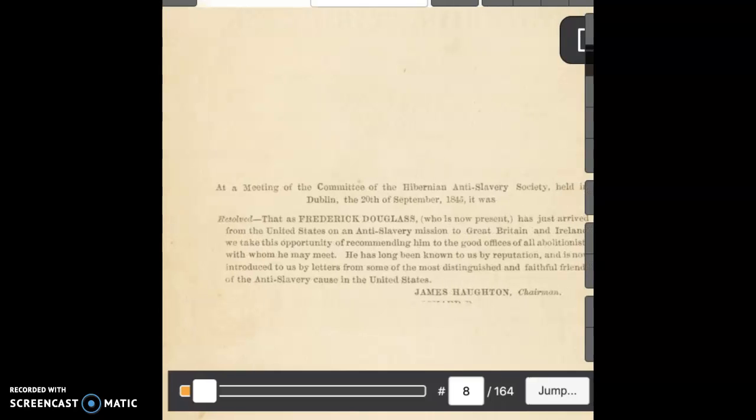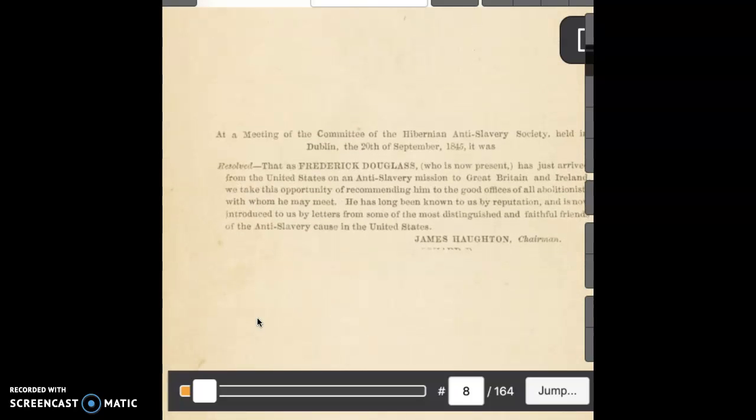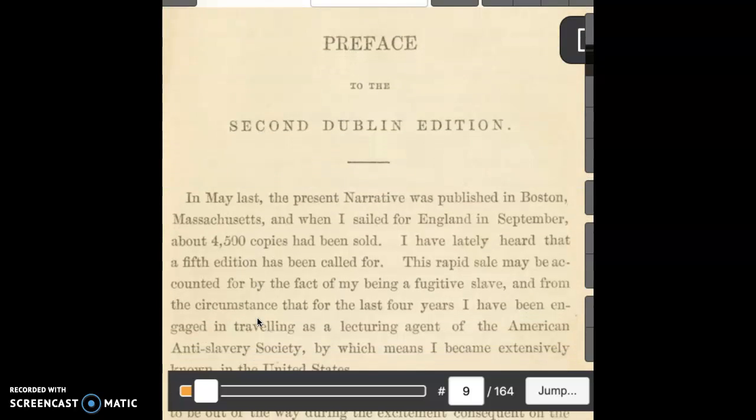So the front matter, the prefatory material here, is very important because, you see, this is an edition published in Ireland. So here's some commentary from the committee. This is a little blurb about why he's in Ireland.